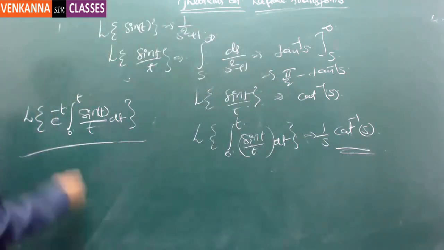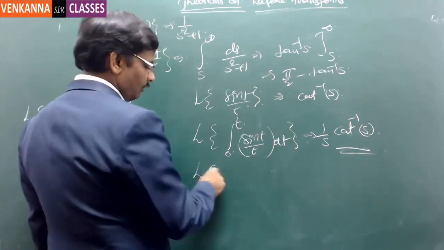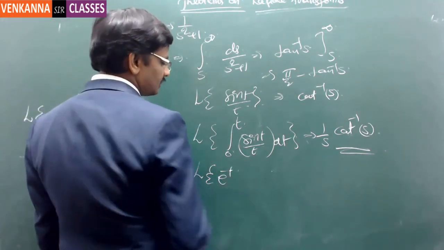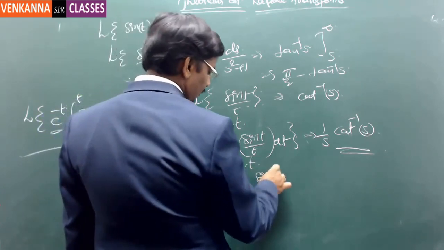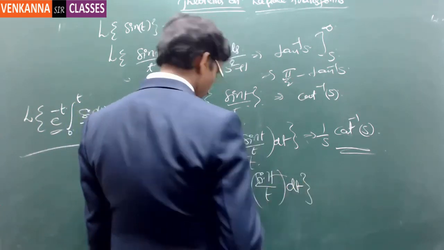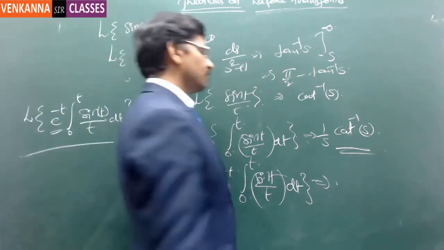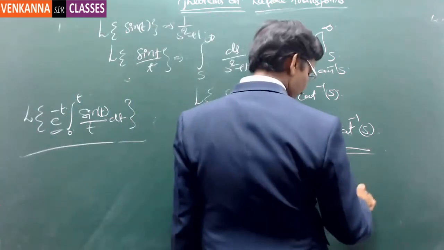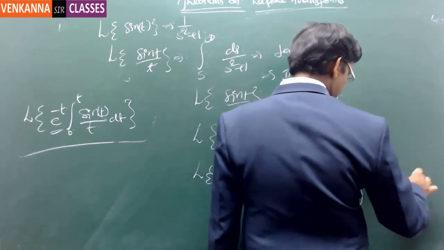Now finally there is the e power minus t multiplication, that is the Laplace transform of e power minus t into the integral from 0 to t of sin t by t dt. Apply the shifting property. So s becomes s plus 1, giving 1 by s plus 1 times cot inverse of s plus 1.